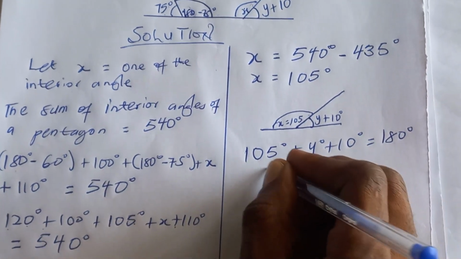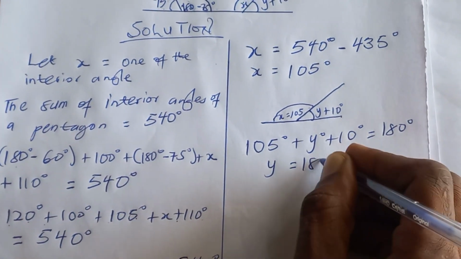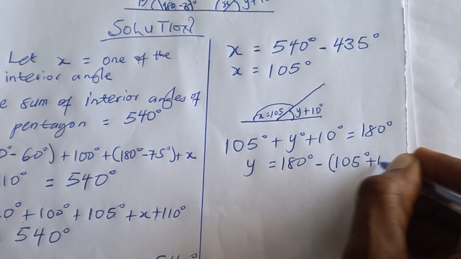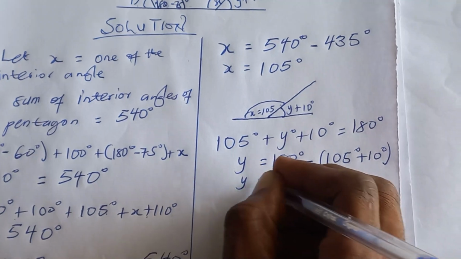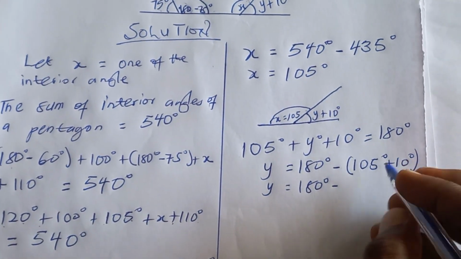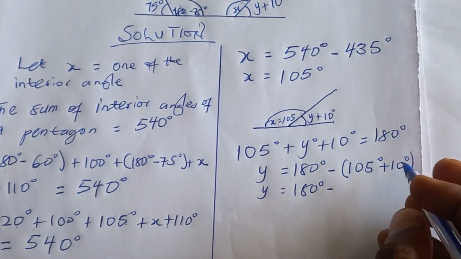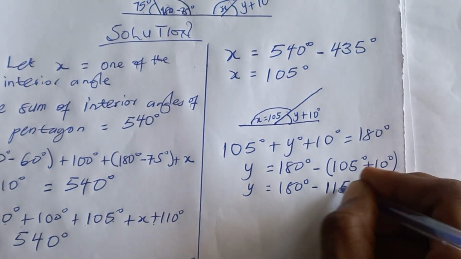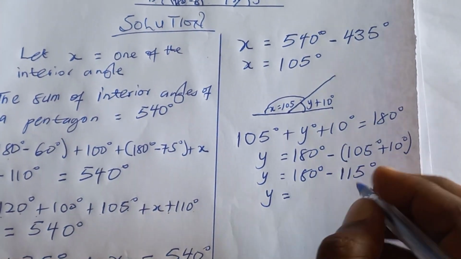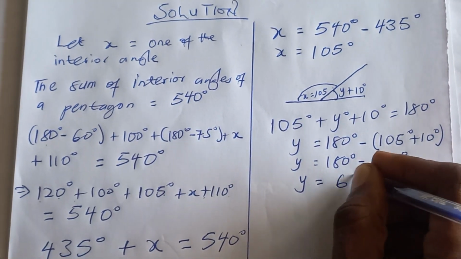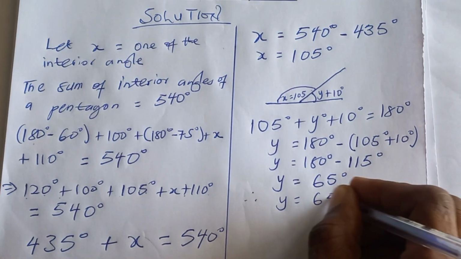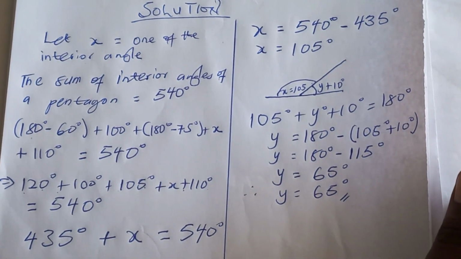So y is equal to 180 degrees minus (105 degrees plus 10 degrees). So y is equal to 180 degrees minus 115 degrees, since 105 plus 10 gives 115. So therefore our y is equal to what? 65 degrees. Therefore y is equal to 65 degrees. So this is our answer.